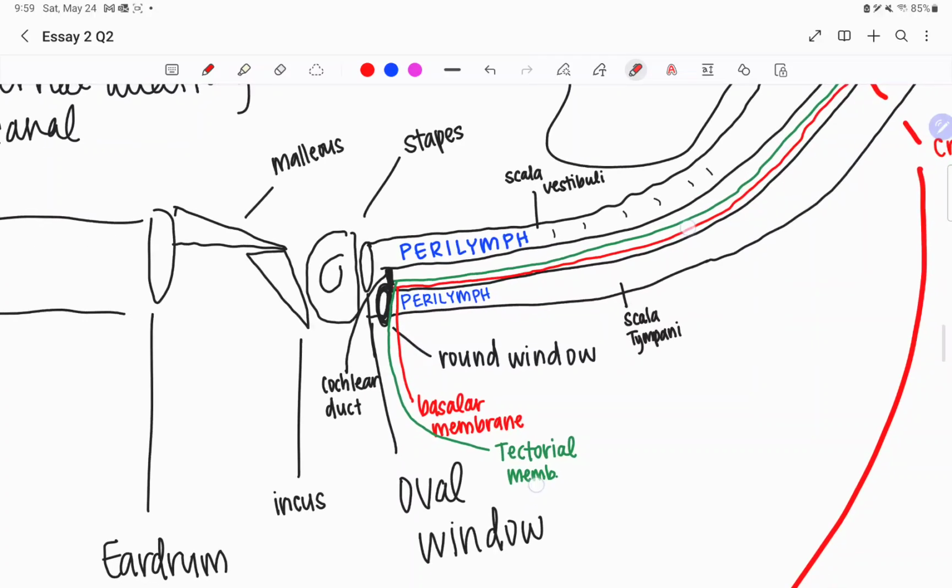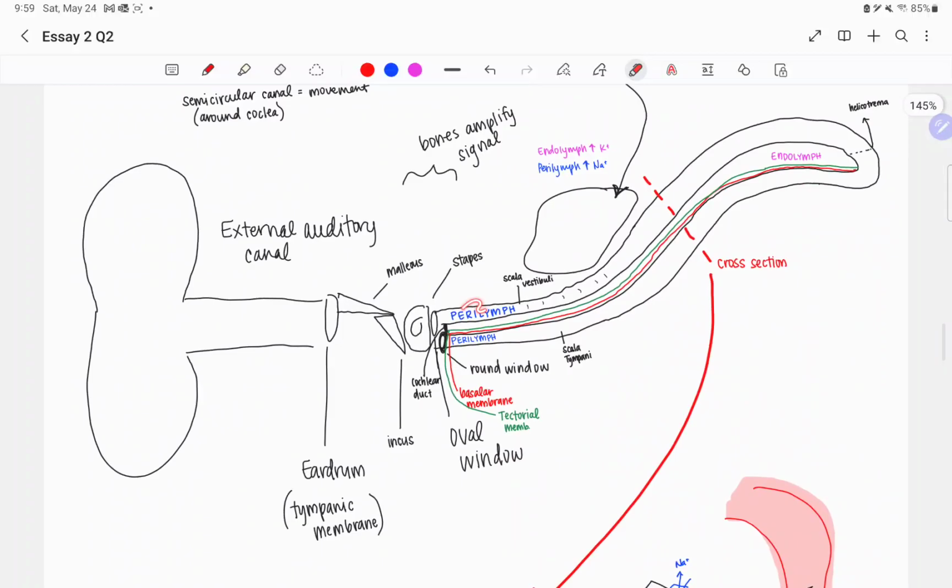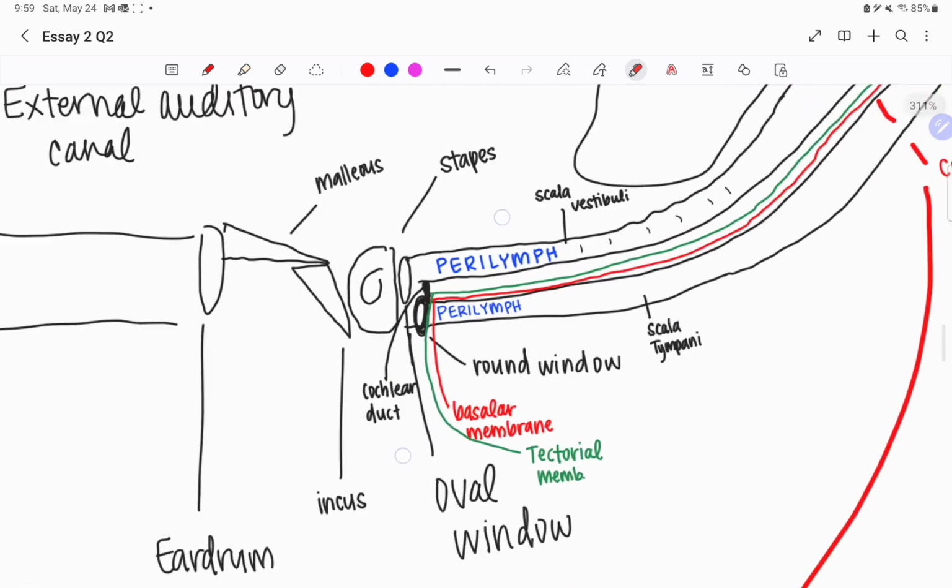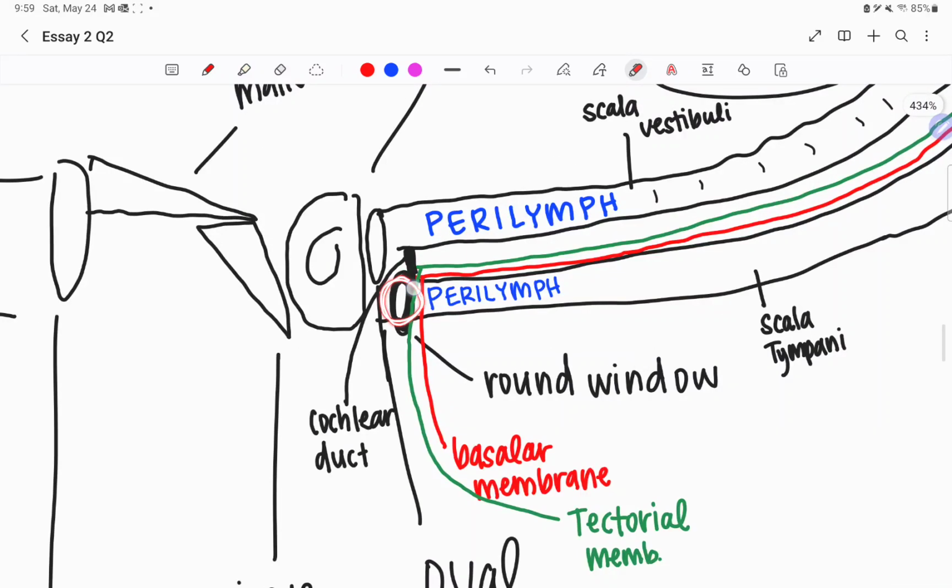Okay, and then as we talked about a little bit earlier, these waves travel down the scala vestibuli into the scala tympani, and then they hit what's called the round window. So we have the oval window and we have the round window. As the pressure from the stapes hits the oval window and sends the waves up, it has to have some sort of a release, because fluid can't be displaced, right?